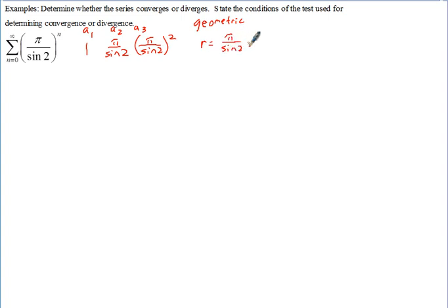Well, let's approximate this. Pi is approximately 3.14. Sine of 2, well, if we think about the graph of sine, there's pi, 0, here's y equals sine x. Well, 2 would be somewhere around here, right? The key is you know for sure the regular graph of sine goes between 0 and 1.